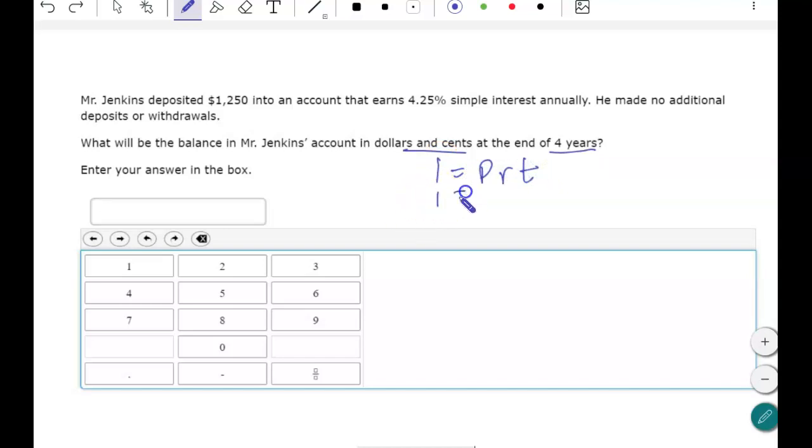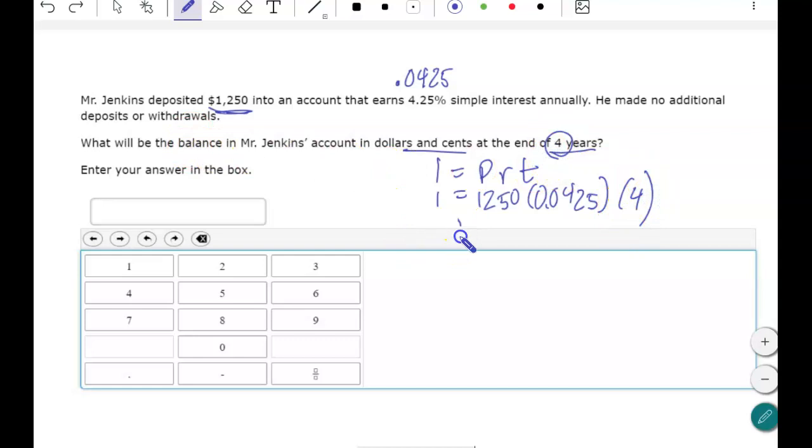So first we have to find the interest. This is the principal, $1,250. The rate has to be written as a decimal, so 4.25% is 0.0425. And then the time is 4 years.